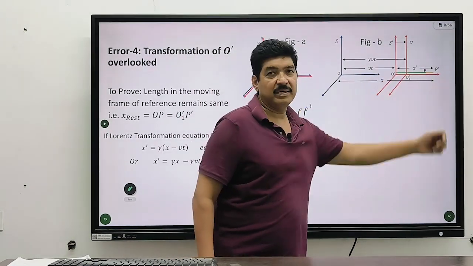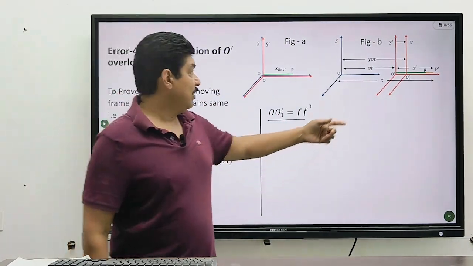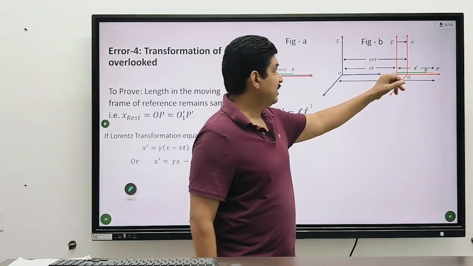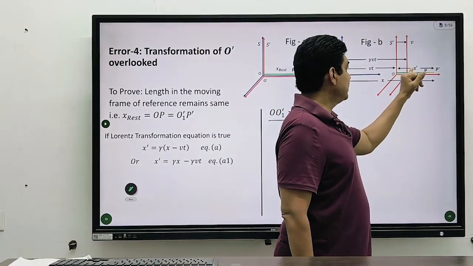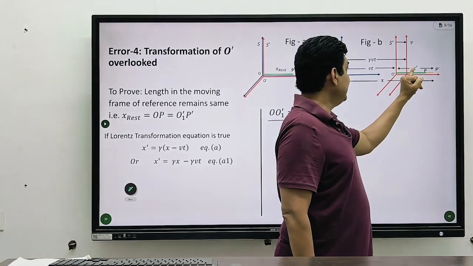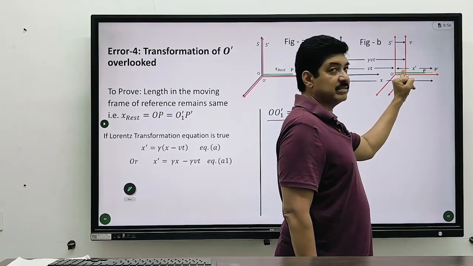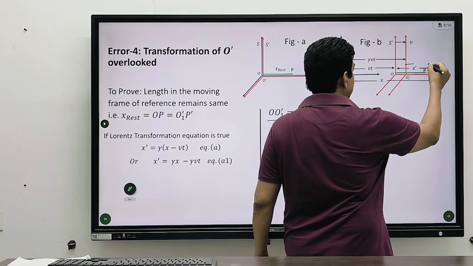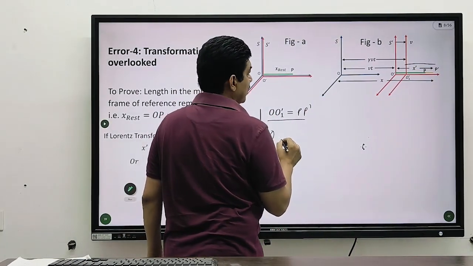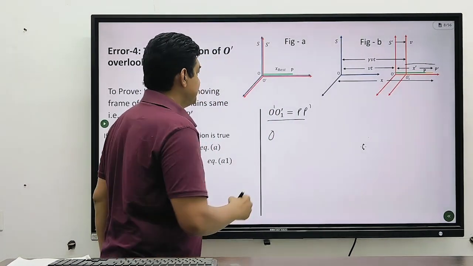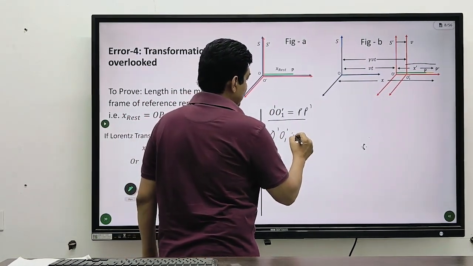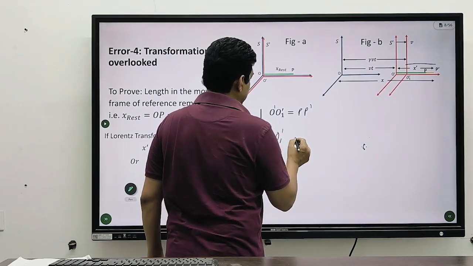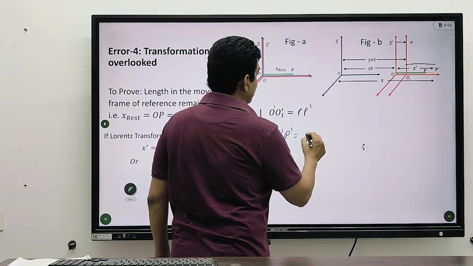This transformation they have neglected, and once this transformation of point O prime happens, that means there is no change in length, because an observer who is sitting here will calculate length from here, because it has already transformed from here to here, and then this length O1 prime P prime is equal to X rest.